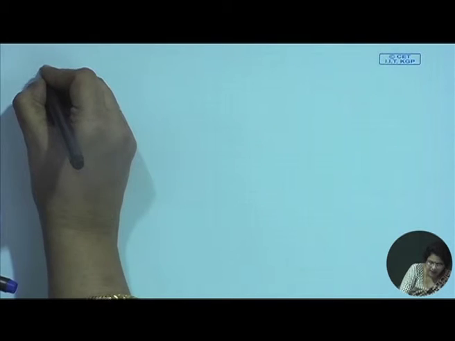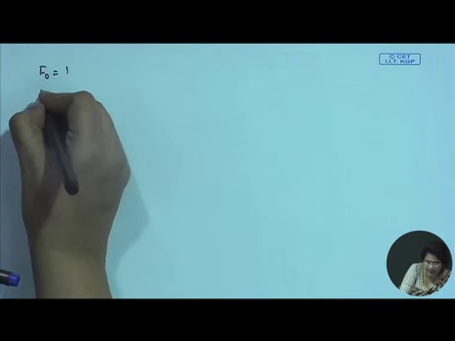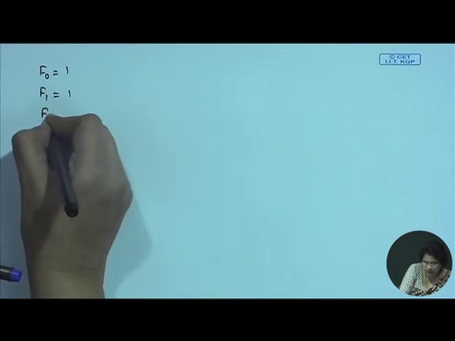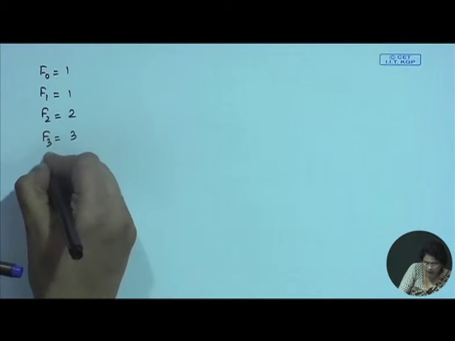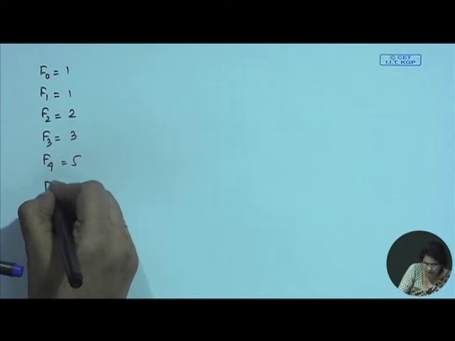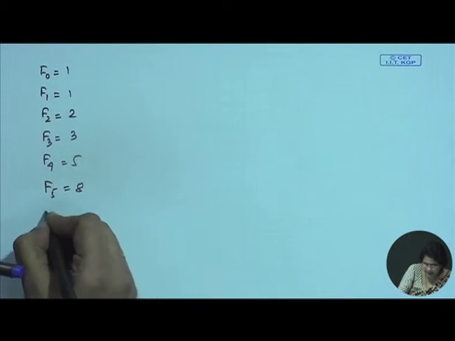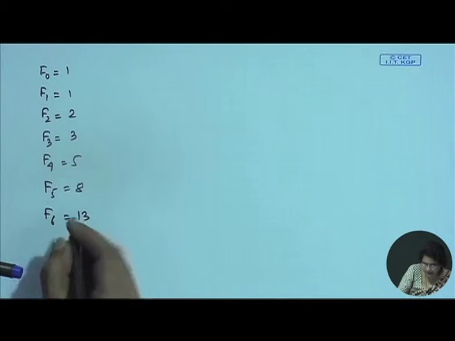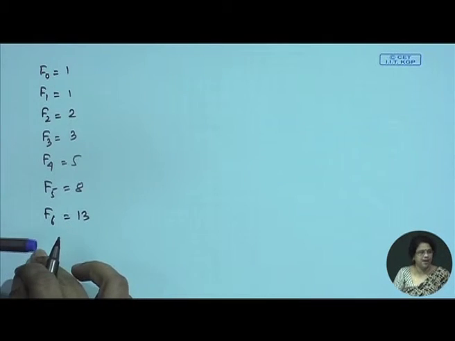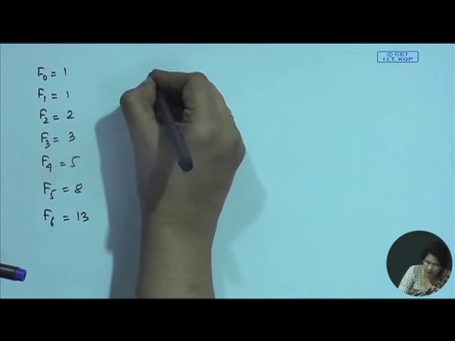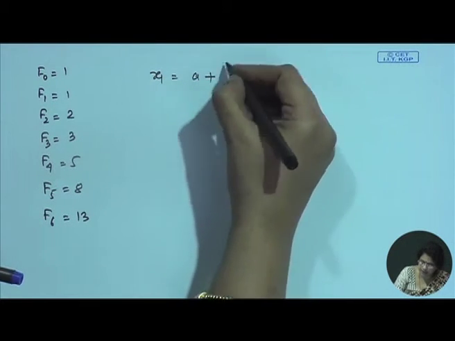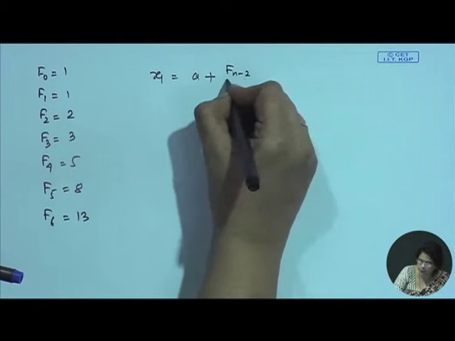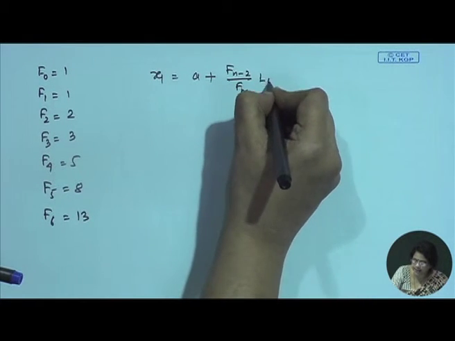Okay. I want these values once again, so let me quickly write them down. F2 is equal to 2, F3 is 3, F4 is 5, F5 is 8, F6 is 13. I will reach up to F6. Now the first approximation, x1, is equal to a plus (Fn minus 2) by Fn times L0.